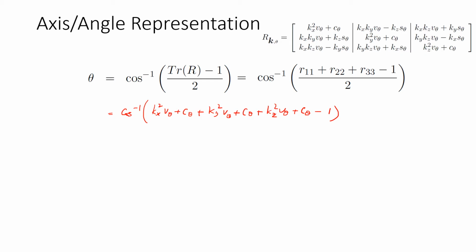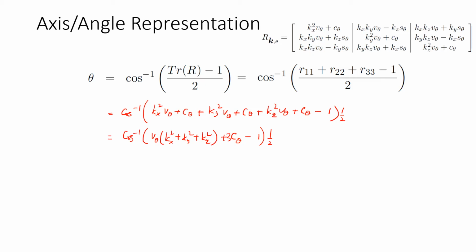So I can write that over here. Now once you have got that, I can expand it further. So this is going to be cos inverse of, I can take v of theta common from here. So the remaining expression is going to be kx squared plus ky squared plus kz squared, plus cos of theta plus cos of theta plus cos of theta, which is going to be 3 cos of theta, minus 1, into 1 by 2.